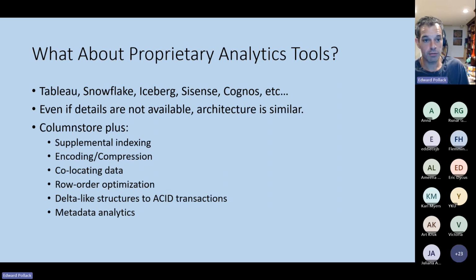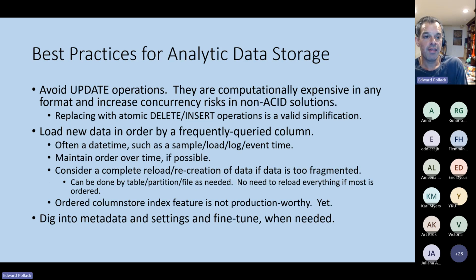They probably have Columnstore in some way with encoding, compression, co-location, copying, indexing, row order optimization, Delta Lake structures, metadata analytics, and so on and so forth. It's all going to probably be there in some way, or else it can't be fast. It just can't be. So if you have data in Snowflake or Tableau or somewhere else, you have no idea how it's stored, consider optimizations that help analytic data storage, like these.